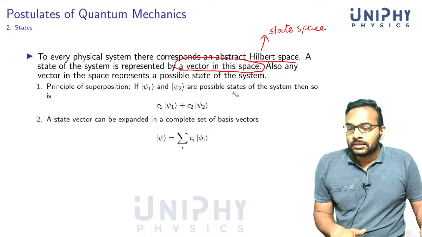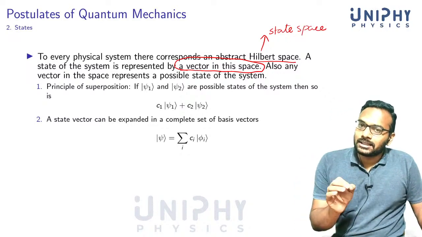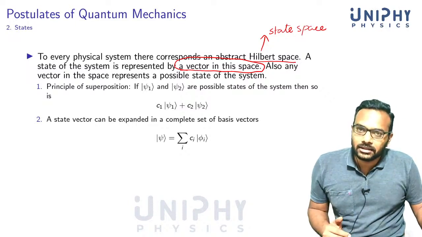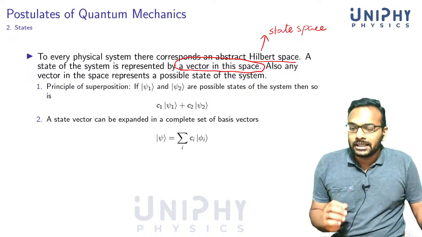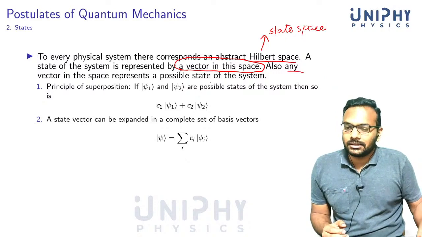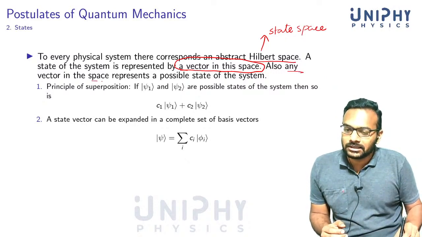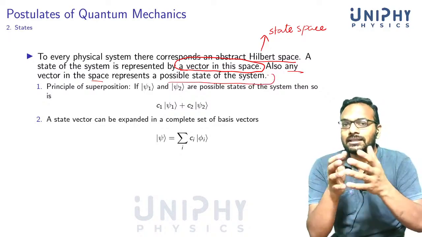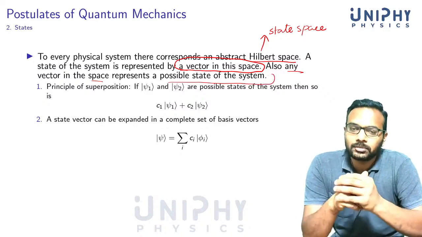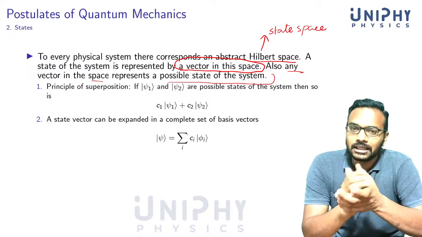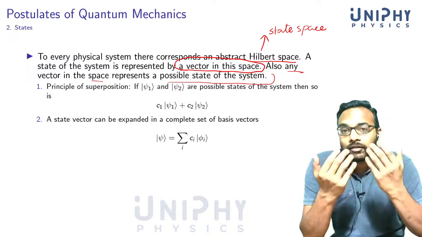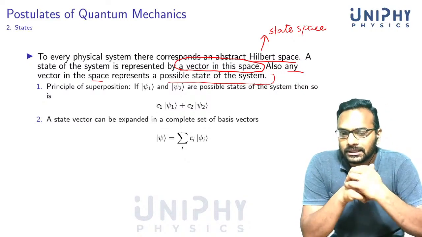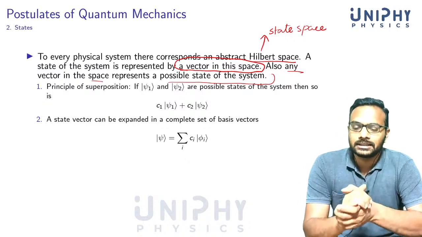Not only is every state represented by a vector in Hilbert space, but any vector in the Hilbert space represents a possible state of the system. So the correspondence is one to one. Corresponding to every system, you have a vector in the Hilbert space, and every vector in the Hilbert space is a possible state of the system.